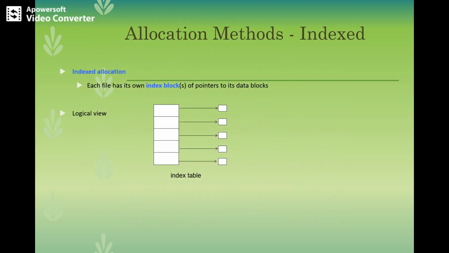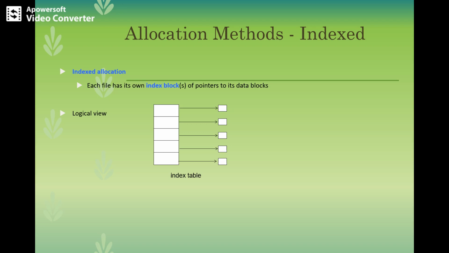The next kind of allocation method is the index method. So what is this index allocation? As we know, linked allocation solves the external fragmentation and size declaration problems. However, in the absence of FAT, linked allocation cannot support direct access, that we know, right? But in index allocation, this problem is solved. How? By bringing all the pointers together into one location, that is called the index block.